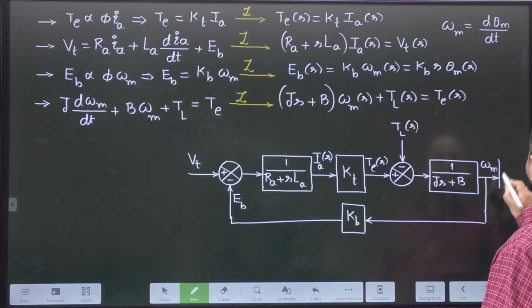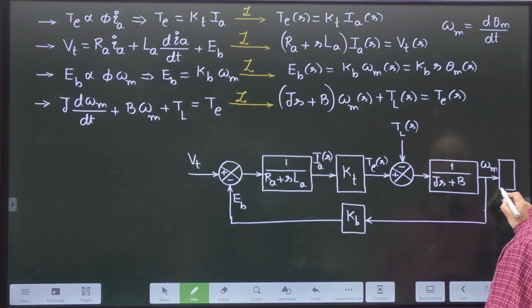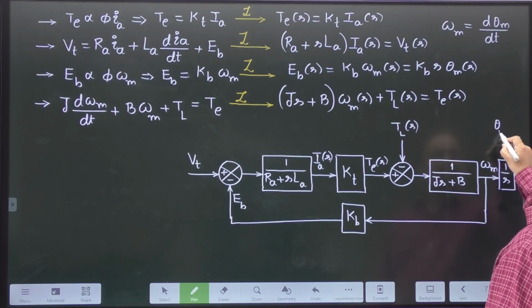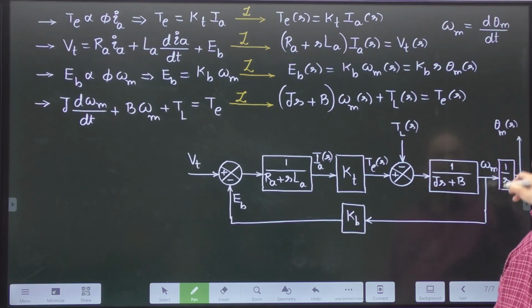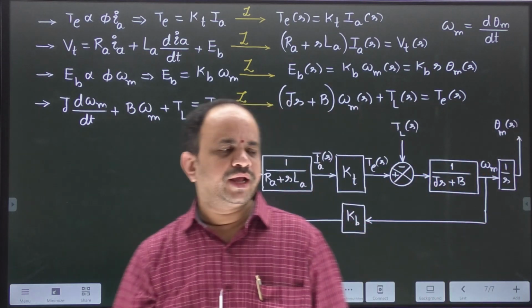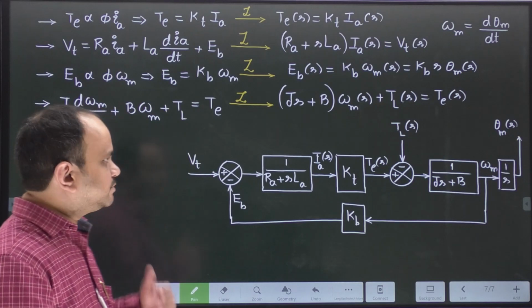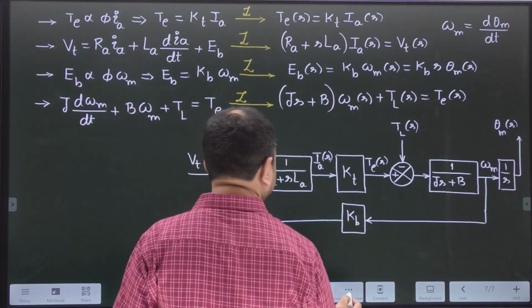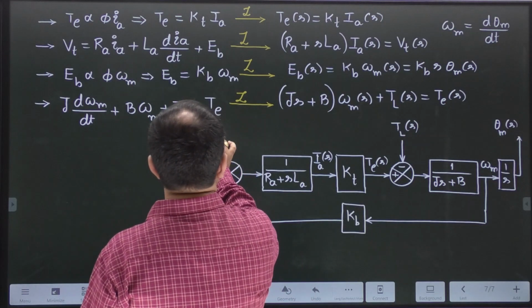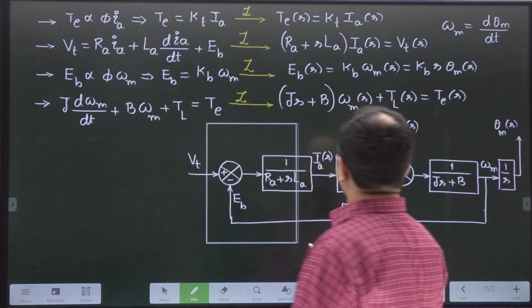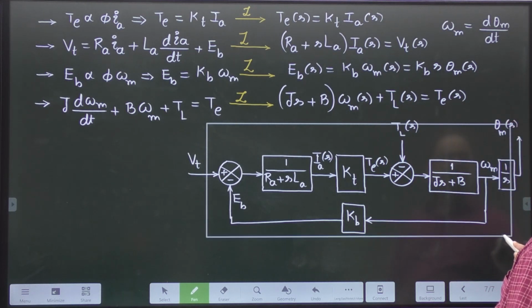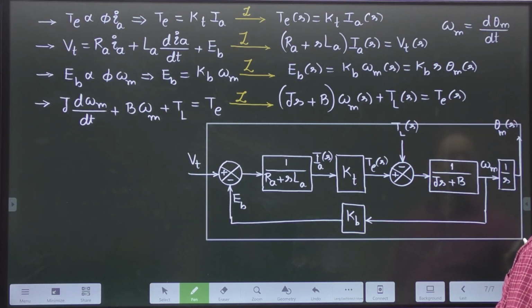And say for example, if it is position control, then by placing one integrator we will get theta m of S. So basically, this is the mathematical representation of a DC motor.